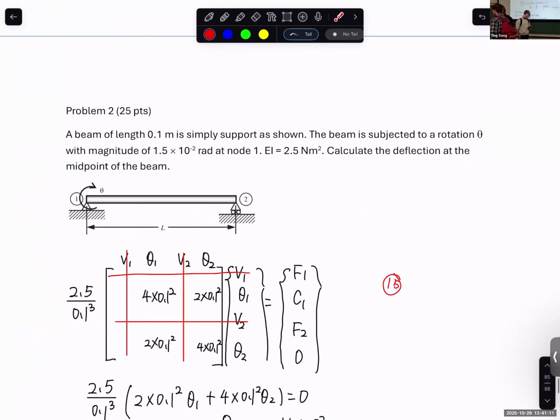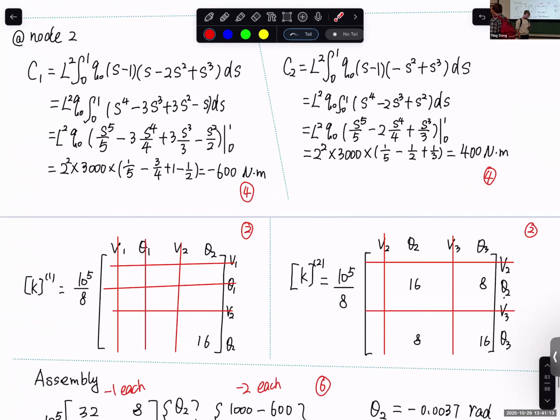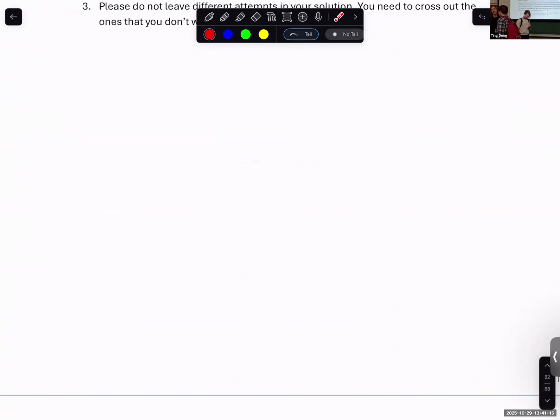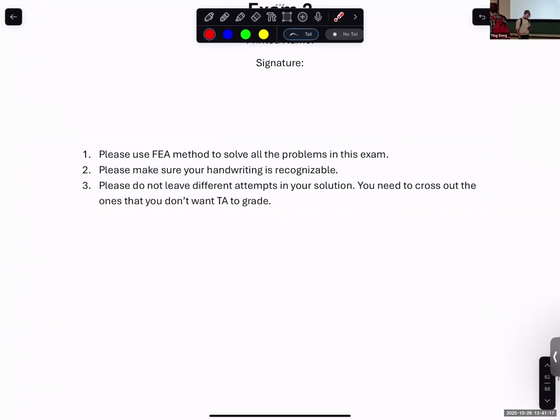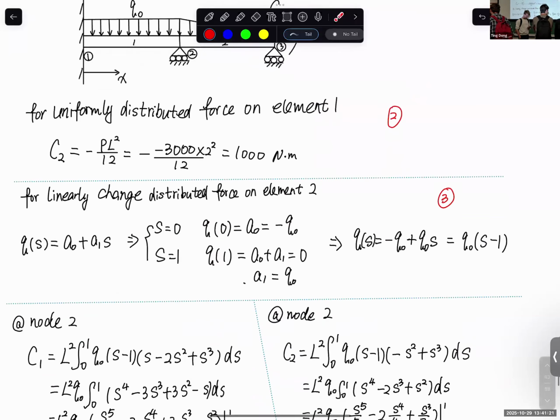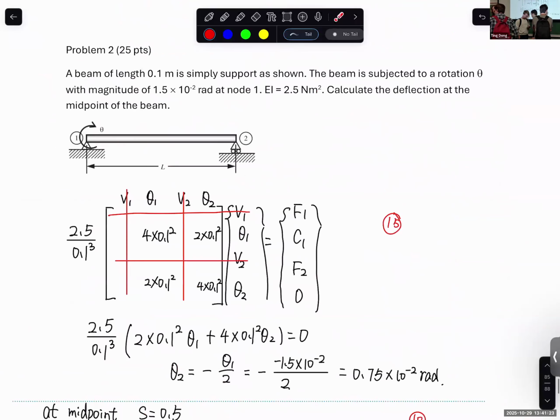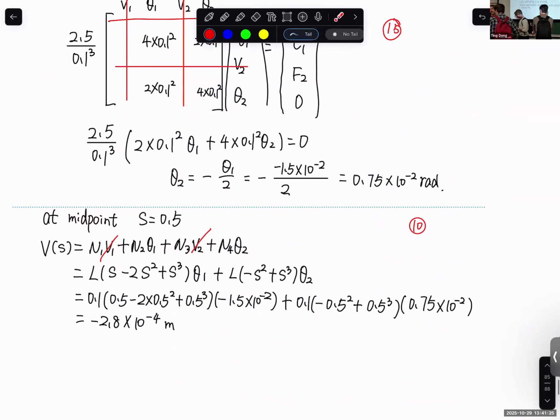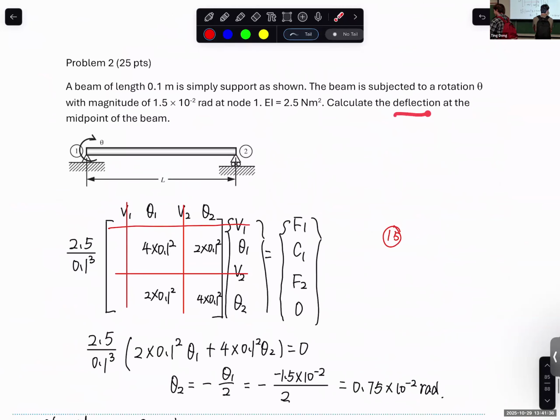The exam says to cross out what I don't want graded. I put a cross through that part because I didn't want to have multiple solutions, and I wasn't sure if the deflection meant to solve for this or for theta.